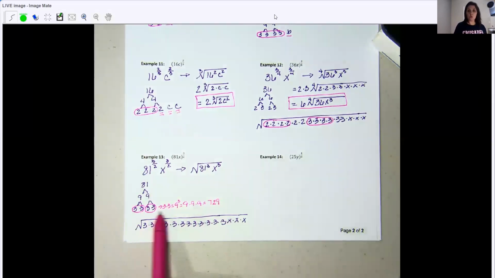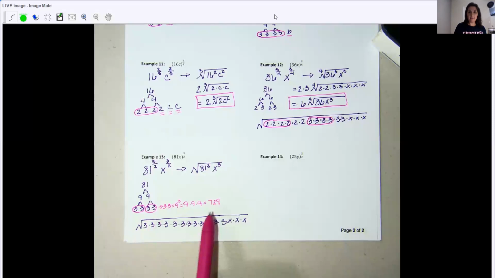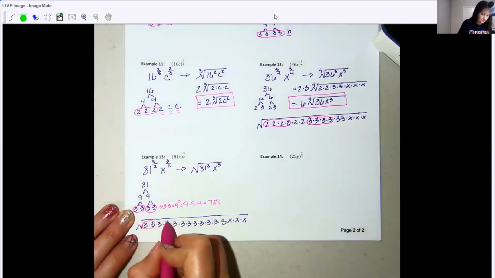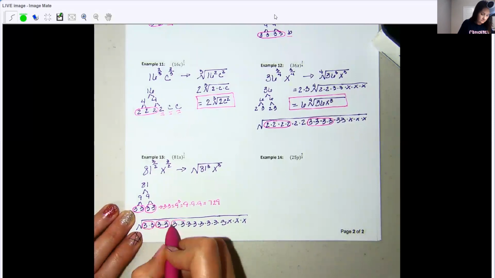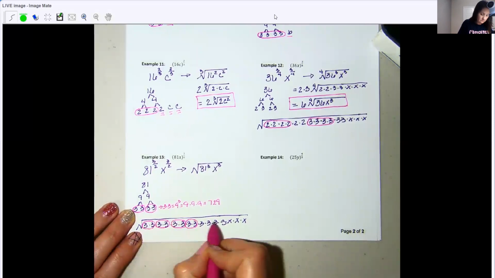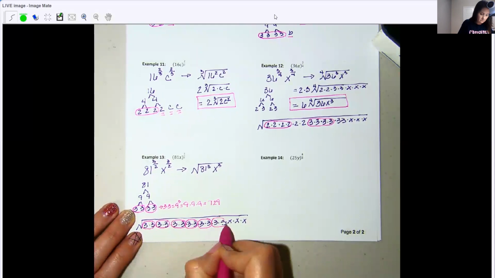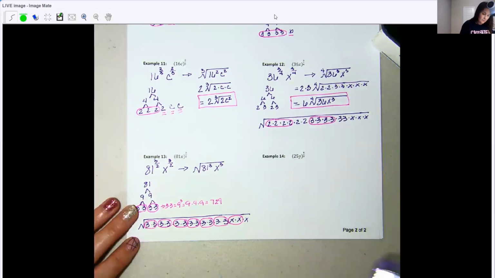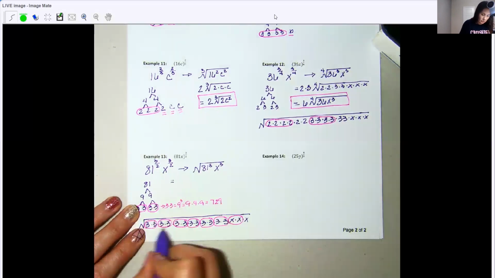So this is the shorter version. I could do it this way. Some students get confused with that, and so if you write out every single step, sometimes that helps to eliminate any mistakes. So I'm going to pull out all of my pairs. Okay, so up here I'm going to end up with 1, 2, 3, 4, 5, 6 3s.